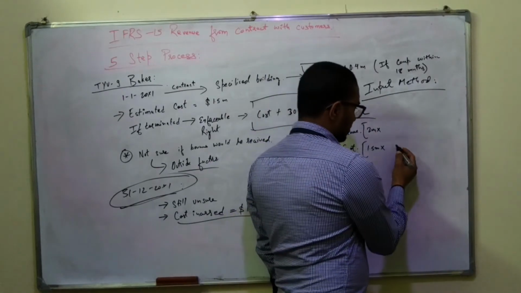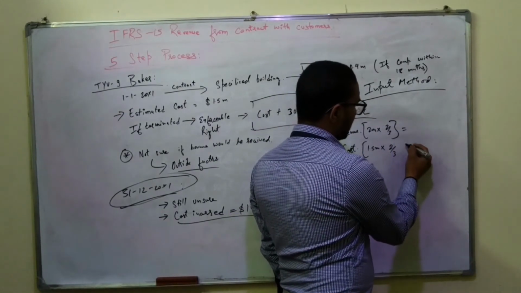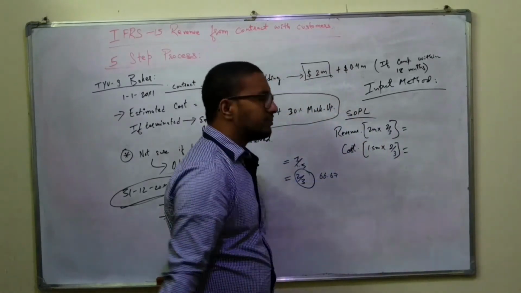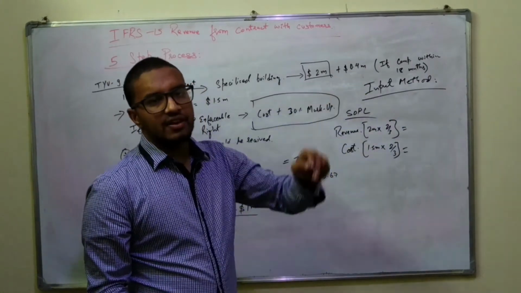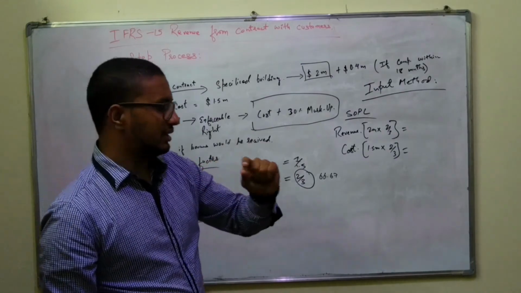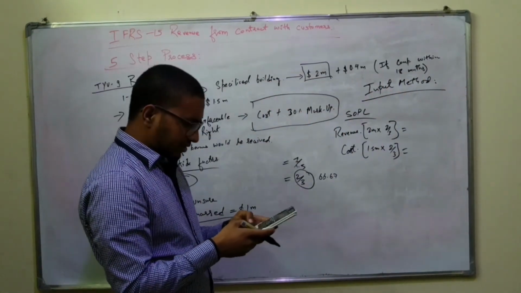So when we do this, 2 by 3 into 2 million. Why are we only using 2 million? Because it is unlikely that the bonus would be received, so there is a chance of reversal. So it is probable that it would reverse. That's why we are not recognizing it.